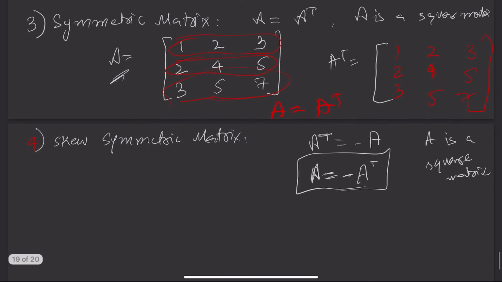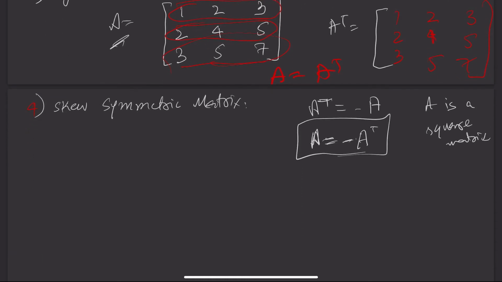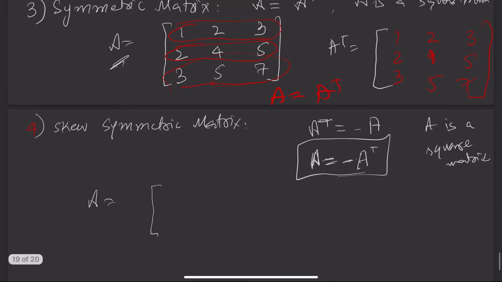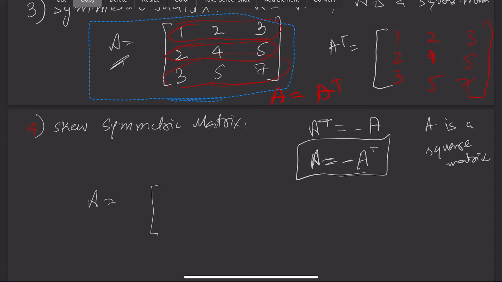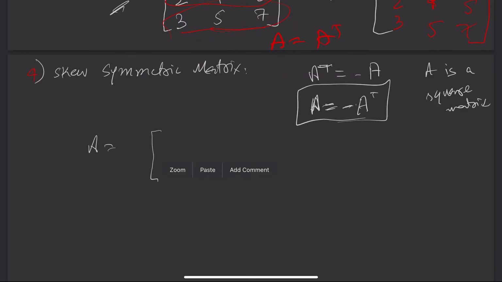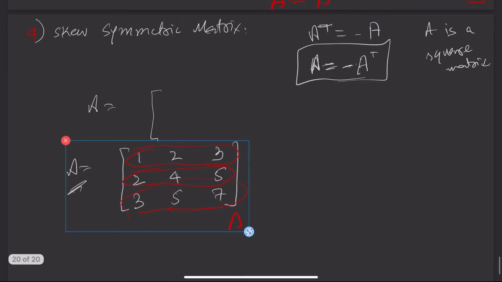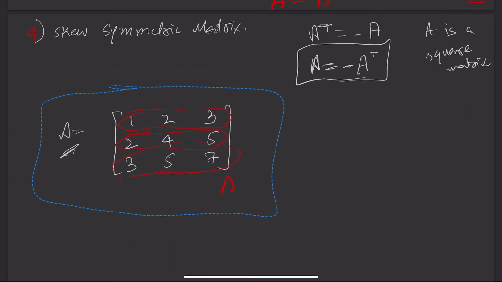So let's take an example. We have a matrix A. Let's take the same example as we have already seen above. First of all, let me erase this portion. Okay, so we can see this is a symmetric matrix.